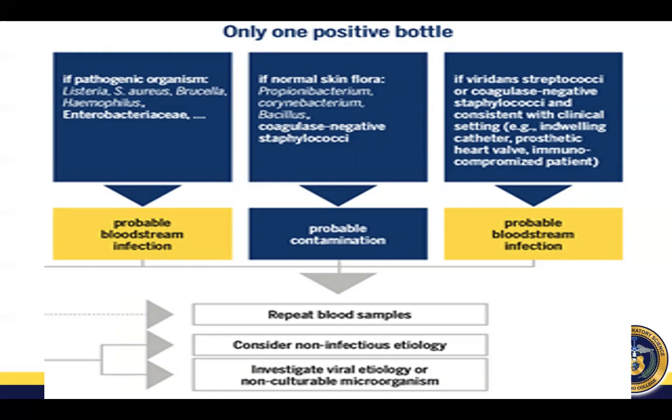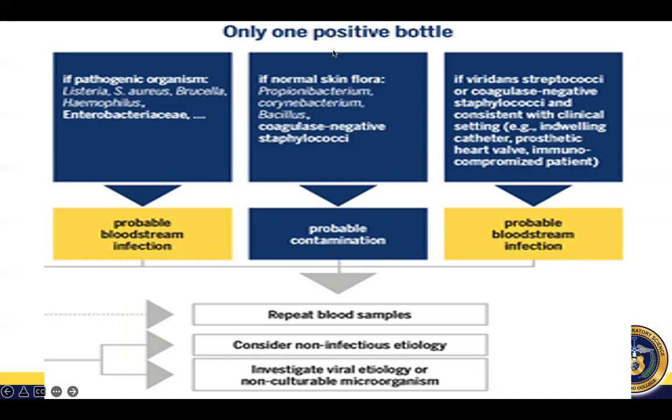If you isolate viridans streptococci or coagulase negative staphylococci, that's usually consistent with the clinical setting, like the patient has an indwelling catheter or prosthetic devices, or is immune compromised, then that would still be a possibility of bloodstream infection.